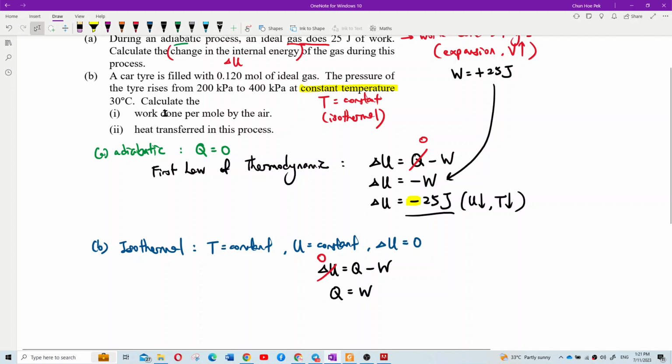Okay. He asked for work done per mole. Work done per mole, that means I need to find work done divided by mole. Isothermal process. Still remember the formula for the work done?